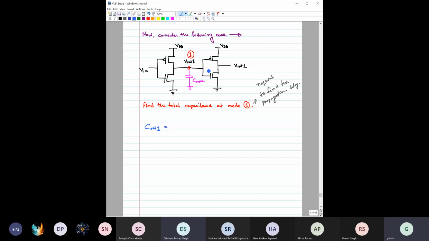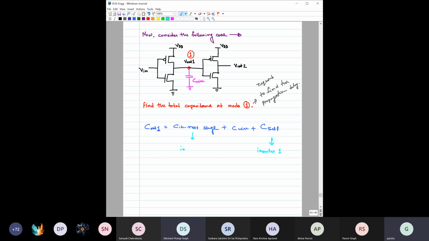It would be first the input capacitance of the next stage, C input of next stage, plus C wire, the capacitance due to this wiring, plus C self, because of the capacitances associated with this inverter 1.